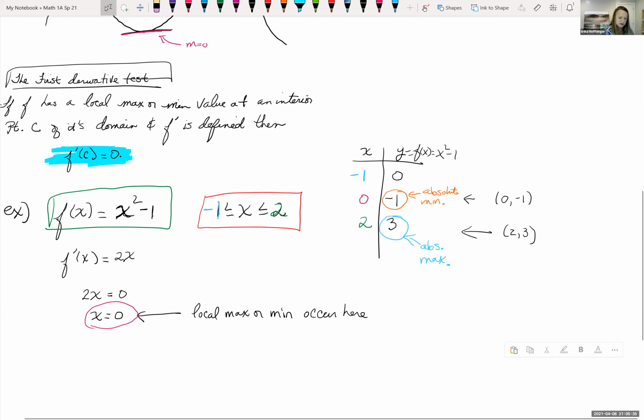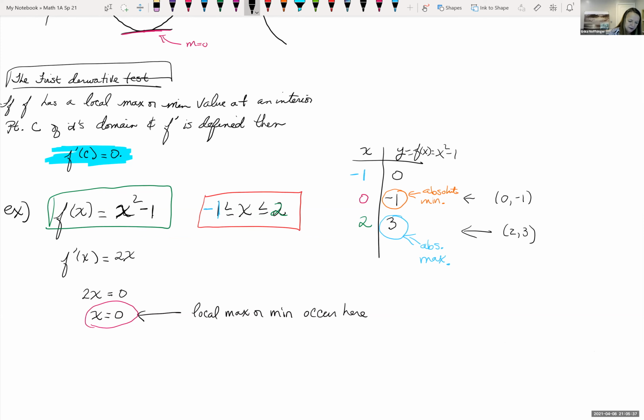But knowing where the absolute max and absolute min is, and I know what this function looks like anyways, right? This is just, by using algebra, a quadratic shifted down one. But we have a point at 0, -1. I know -1, 0. And I have one at 2, 3.